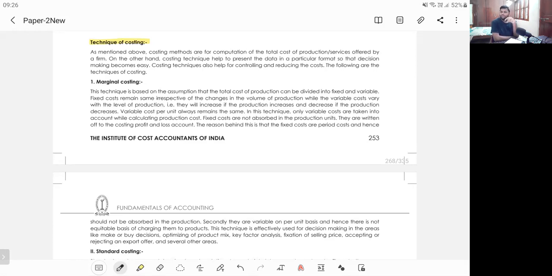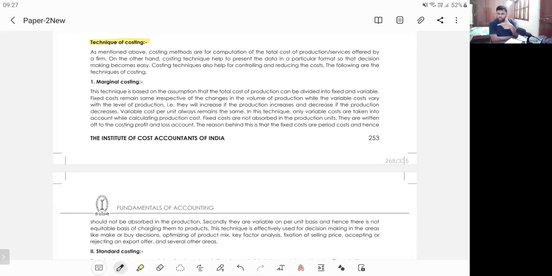If you are making decisions based upon the additional production, we call it marginal costing. What do you mean by the word marginal, my dear friends? The word marginal means additional. Yes, perfect. If you make any cost analysis based upon the additional products to be produced or not.